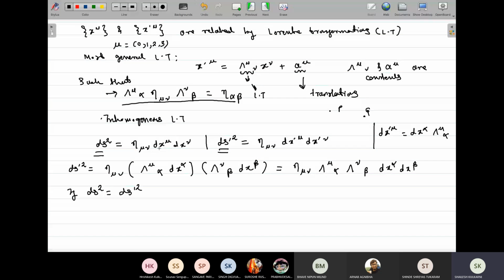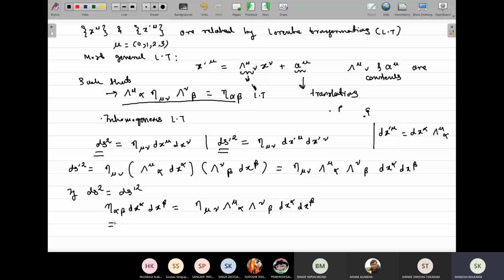I can even write here eta alpha beta dx alpha dx beta. So eta alpha beta dx alpha dx beta is equal to eta mu nu lambda mu alpha lambda nu beta dx alpha dx beta. I am equating this with this.